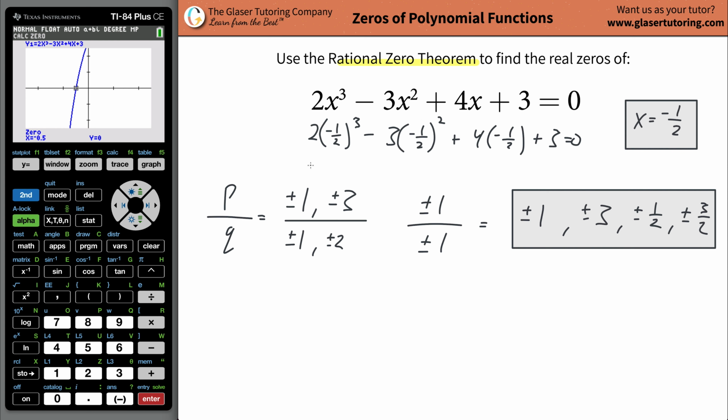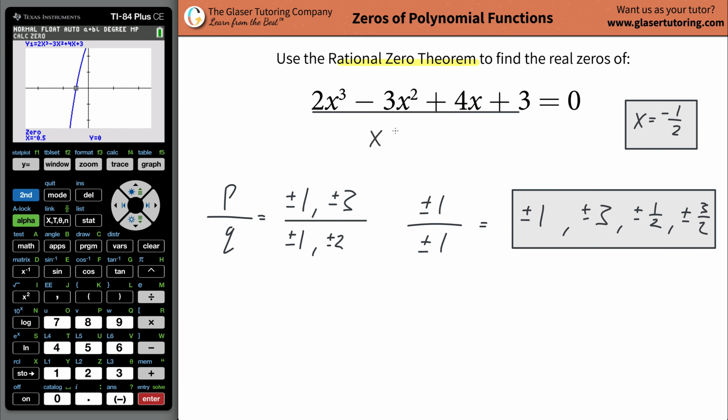You can find the imaginary values if you like. What you would do is a division. You would take the factor of this 0, so you would divide this function by x plus 1/2. You would get a resulting quadratic equation, some a value times x squared plus some b value times x plus some c value.